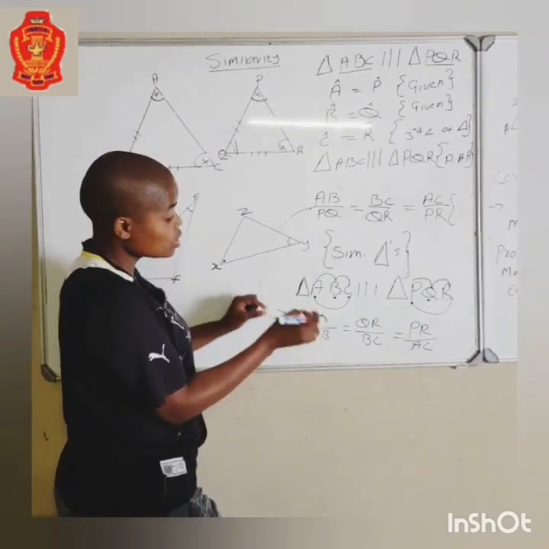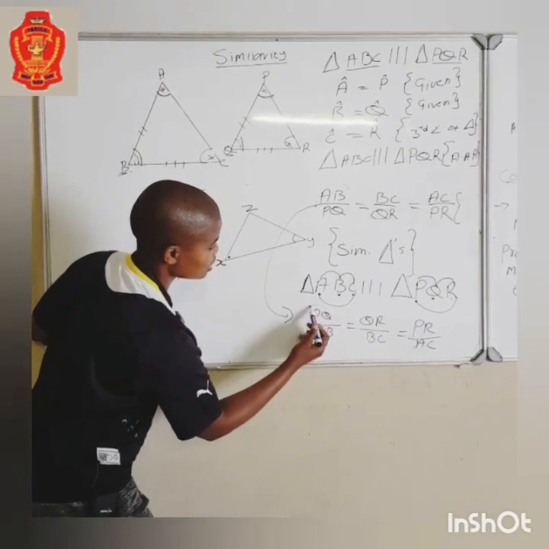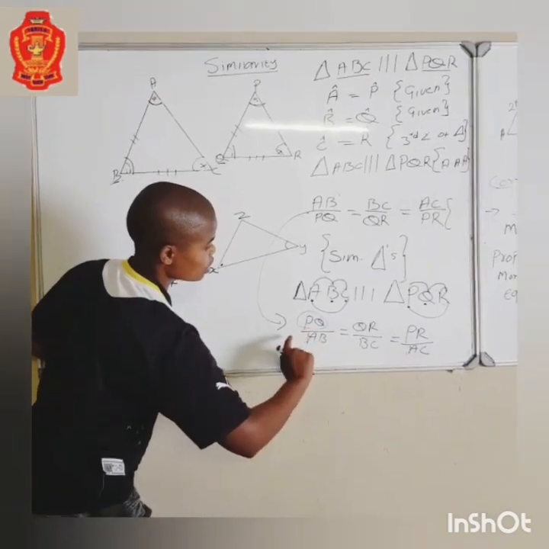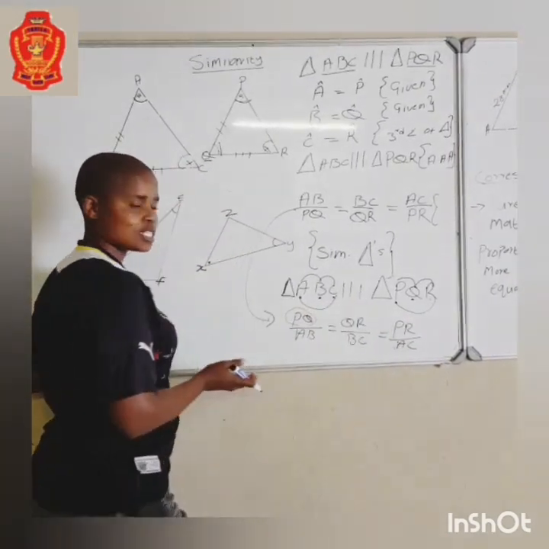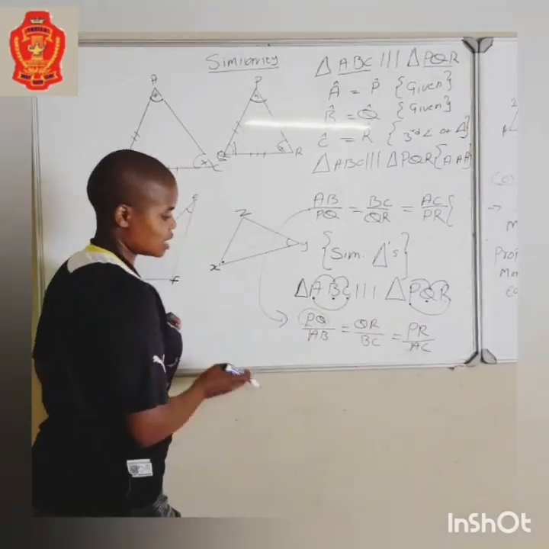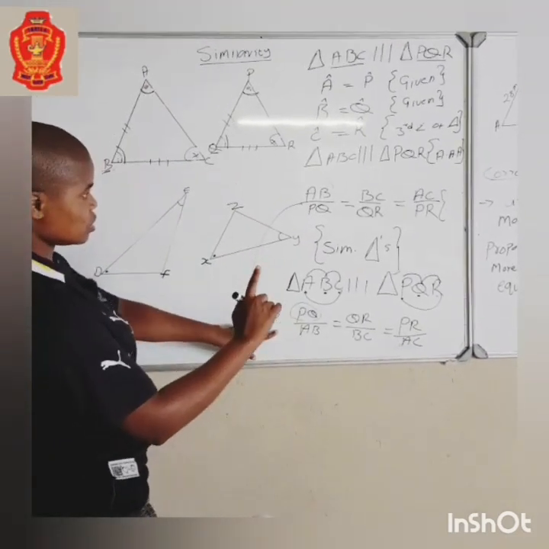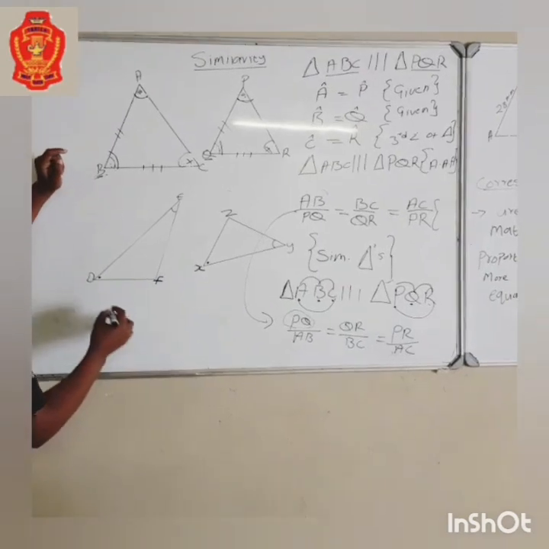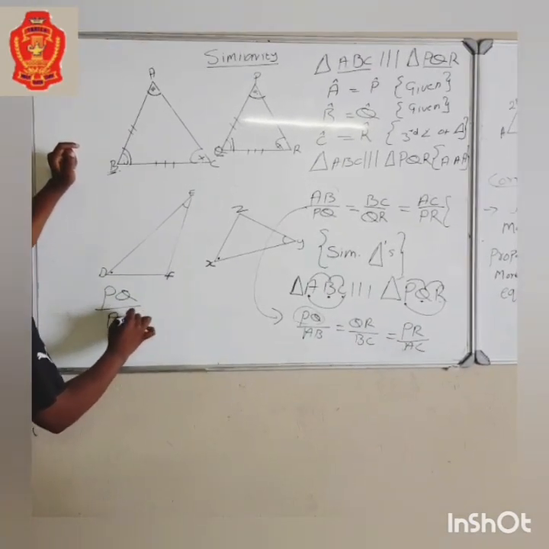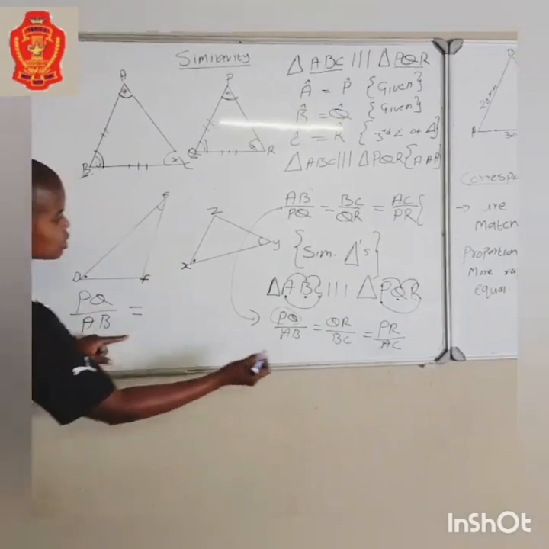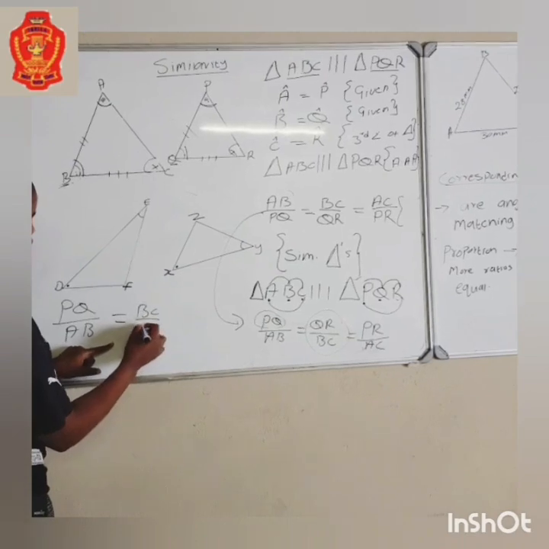So what is important is that when you decide to use this as the numerator, then you must continue to use the corresponding sides as numerators and the corresponding sides as the denominators. What I'm saying is, I do not want to see any of you writing PQ over AB, and then for the next ratio you write BC over QR.